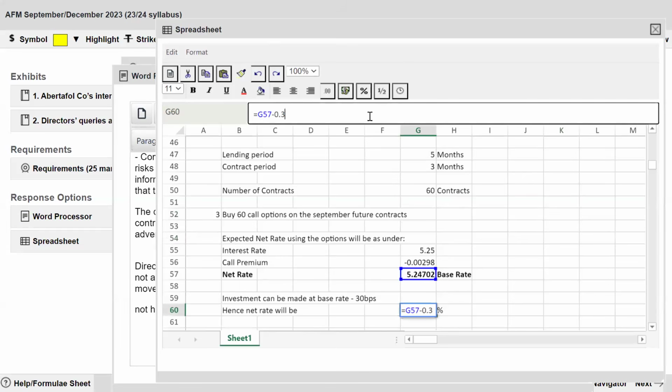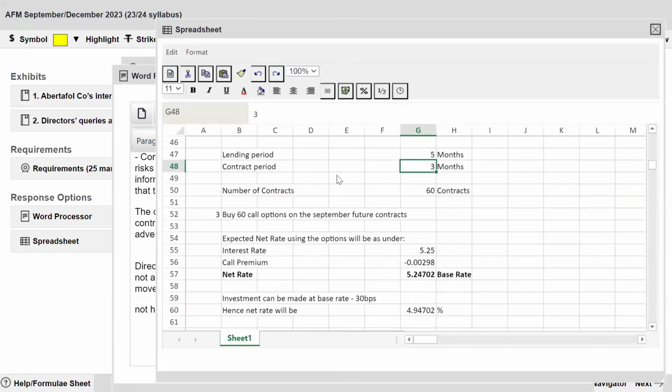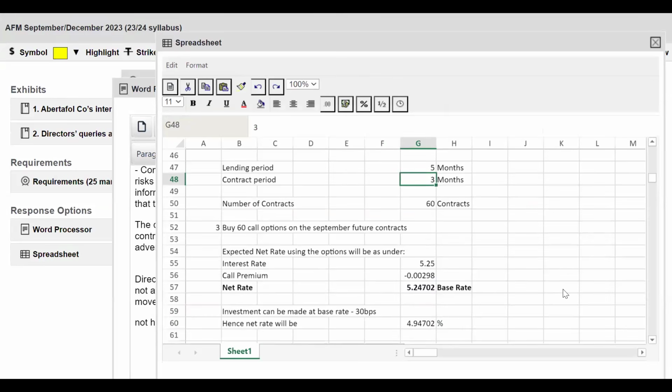So 30 basis points is 0.3%, right? Okay, lovely. So we are done with this question now, and that actually concludes the December 2023 examination paper.